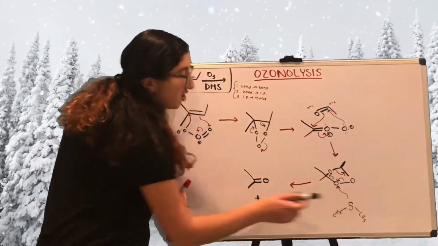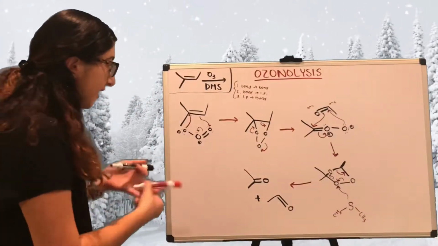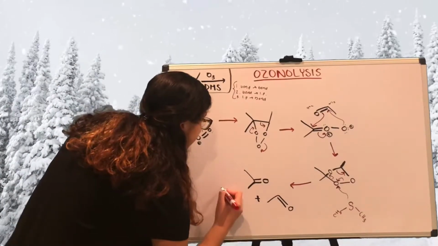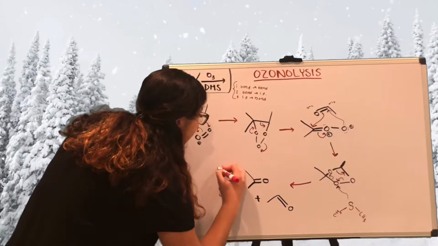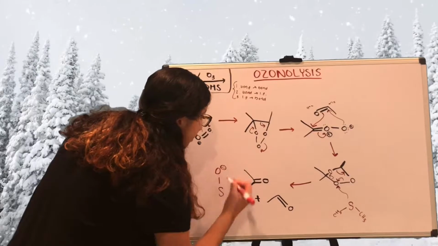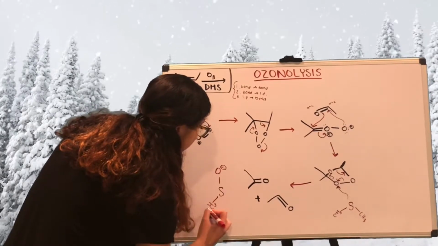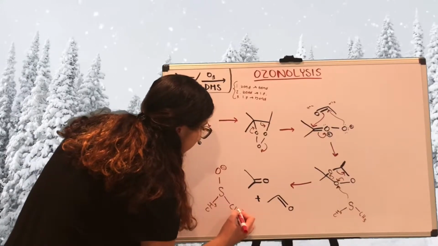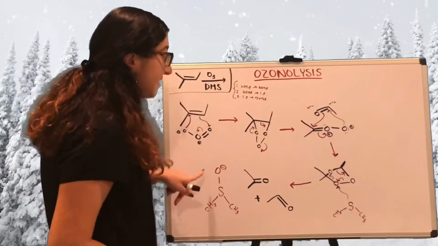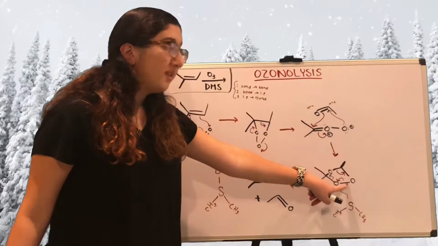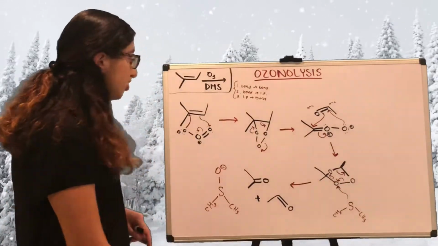Now it is attached to the DMS, and how we will draw that is sulfur, a negatively charged oxygen, and then the CH3 groups. Now, it is negatively charged because we have expelled this bond as a lone pair onto the oxygen.